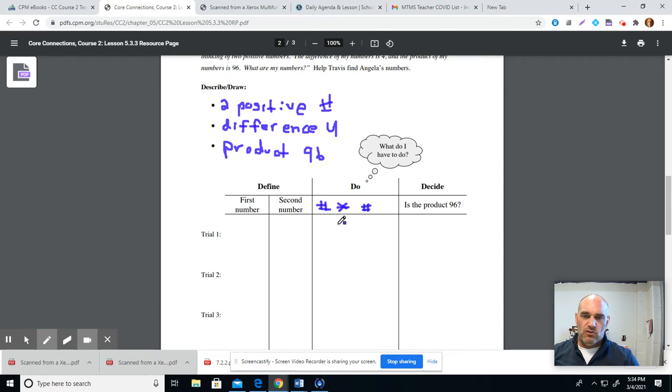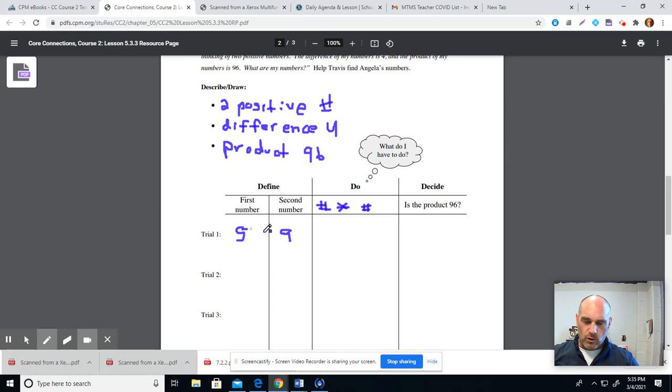So we start this just by guessing. And I'm going to guess, I don't know, a 5. All right, now remember it has to have a difference of 4, so I need my next number to be 4 away. So I'm going to make that a 9. So the first thing is I got 2 positive numbers.